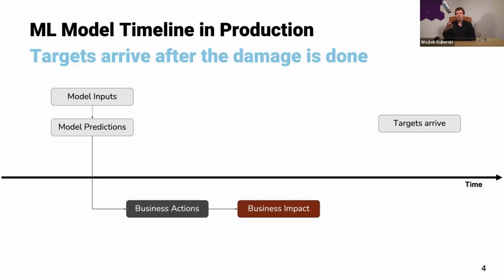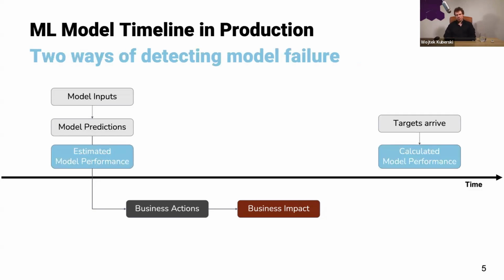And if the model fails, we're going to have business impact before the targets arrive, because targets normally arrive either as feedback from the business action, or they arrive independently after a while, let's say if we do some kind of prediction, like demand prediction. And we have now basically two ways of trying to diagnose early on the issues with the model. First, we can look at estimated model performance.